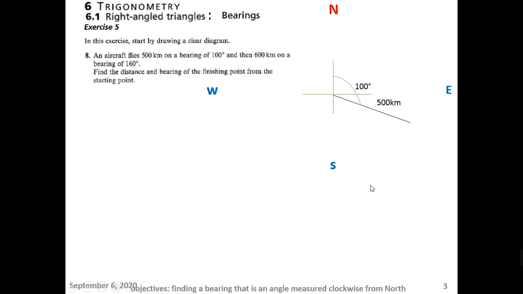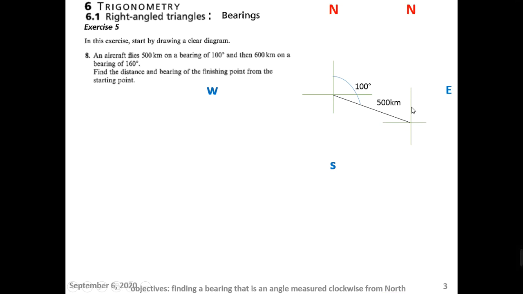And then 600 kilometers on a bearing of 160. At the ending point of the first line you drew, you must put the coordinates again. And from the north here, you must measure 160 degrees.